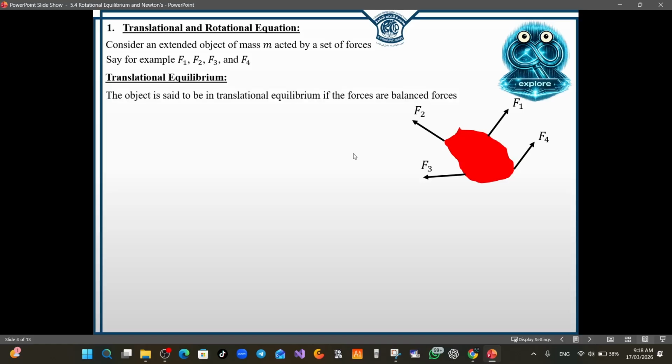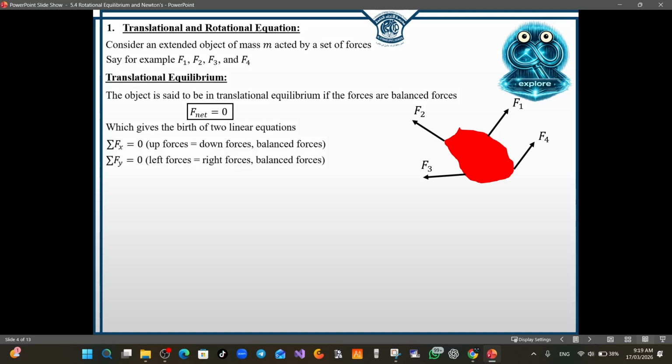Translational equilibrium. The object is said to be in translational equilibrium if the forces are balanced. So the net force is equal to zero. That means the summation of Fx equals 0 and the summation of Fy equals 0, which gives birth to two linear equations.